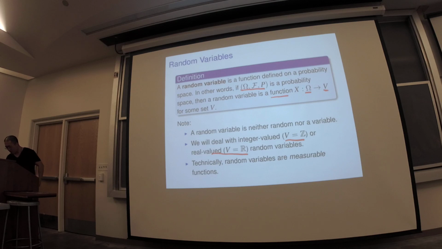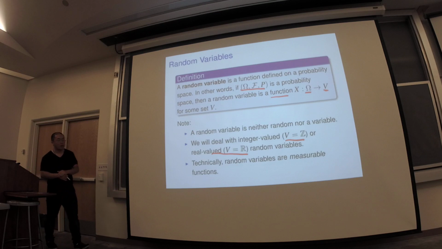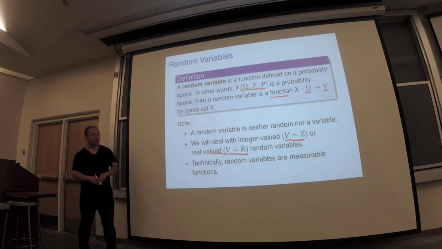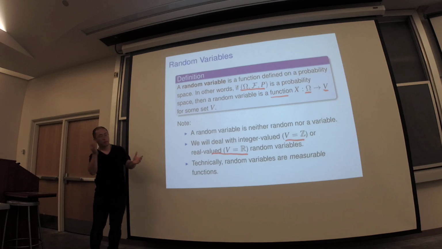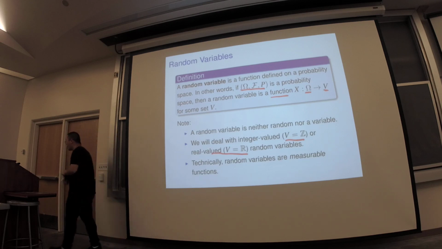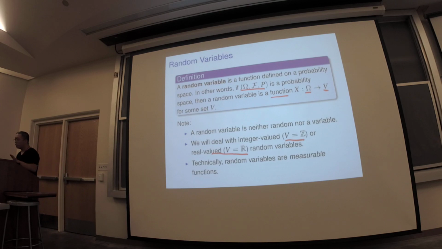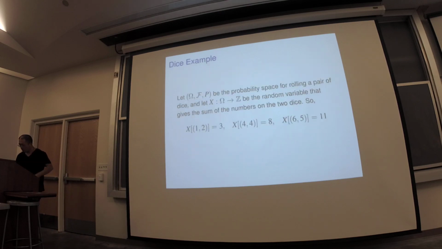Technically speaking, random variables are measurable functions. You do not need to know what measurable functions are, just that it ensures your setup is reasonable. I don't want to explain the detailed definition of measurable functions. It's not necessary.